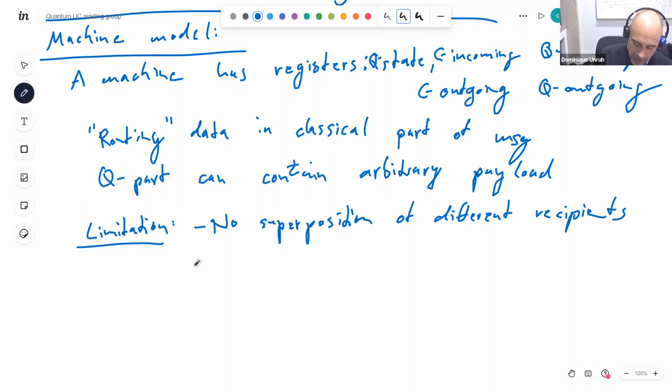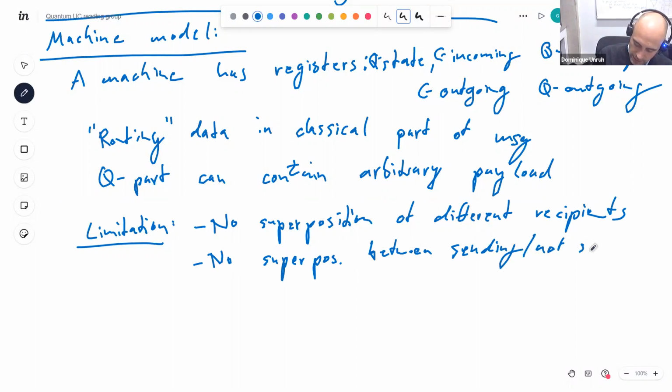And we have no superposition between sending and not sending. So you cannot just say, I, in superposition, send you the message and don't send it to you, which could be a useful thing.